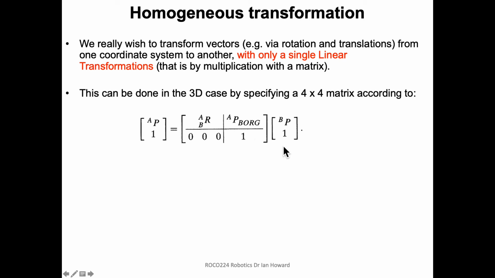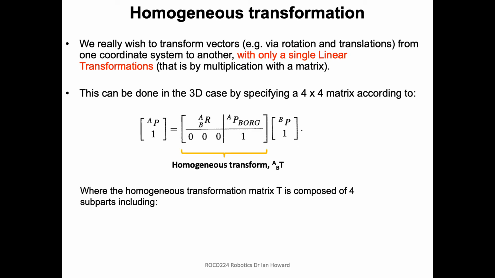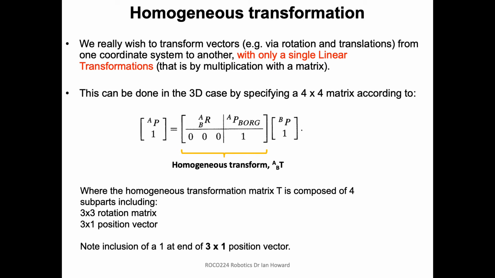We also append a 1 onto the end of our position vectors. And this gives us what's known as the homogeneous transformation. It's built up, like I said, of a 3 by 3 rotation matrix, a 3 by 1 position vector, and these unity values at the end of the position vectors.